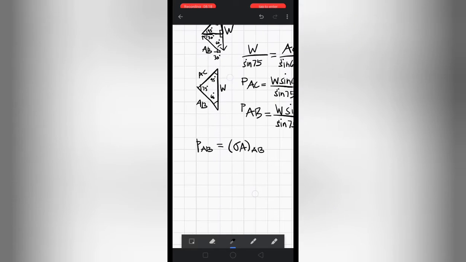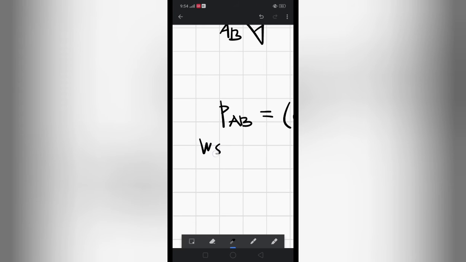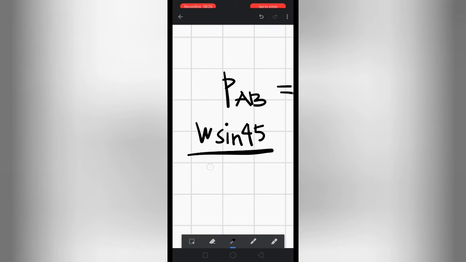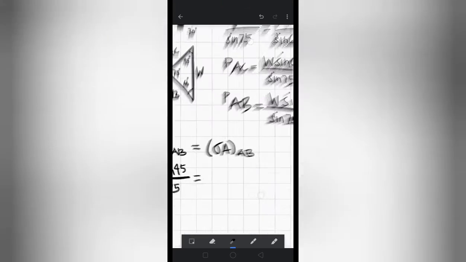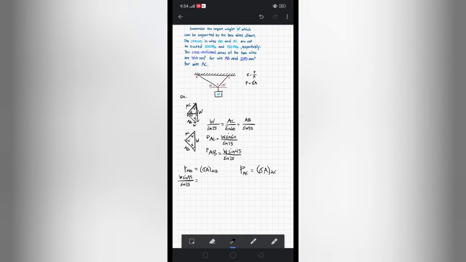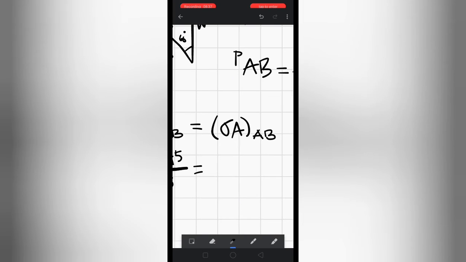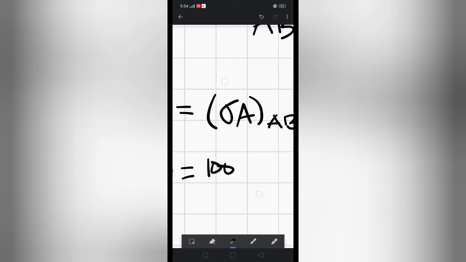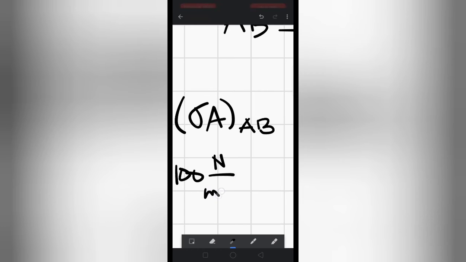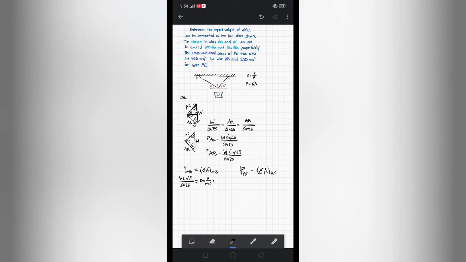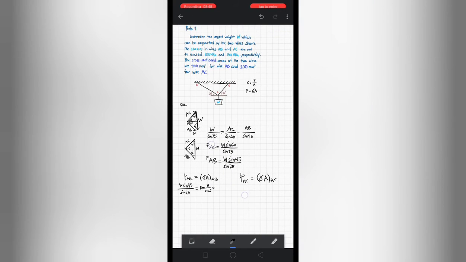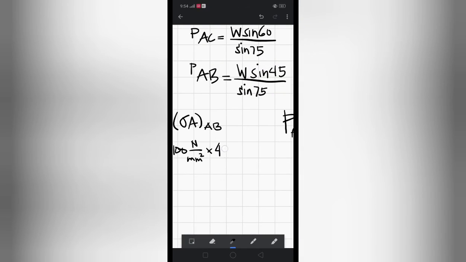Then if we substitute it, W sine 45 over sine 75 is equal to AB, which is 100, and then its cross-sectional area is 400. 100 Newton per mm squared, that's MPa, times the area, which is 400 square millimeters.